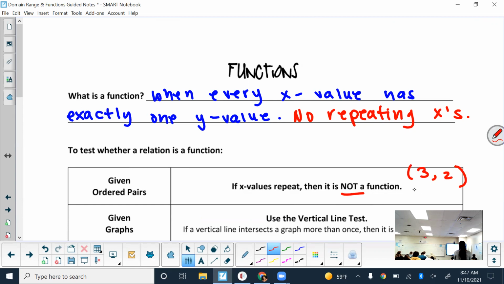If I have (3, 2) and (3, 3), I have the same x value with 2 different y values. Is that allowed to happen? So it's not a function. There cannot be repeating x's.